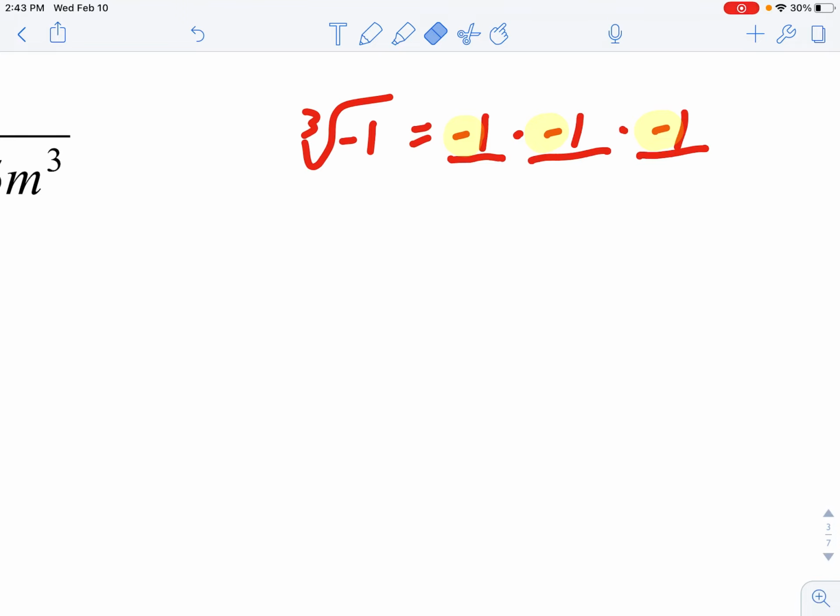And as it turns out, you cannot fourth root a negative number because that would require 4 negatives, which equals a positive. But you can fifth root a negative. So as long as the index is odd, it's fair game. But as soon as the index is even, you start getting into the world of imaginary numbers. And like I said, that's just not going to happen on this paper.